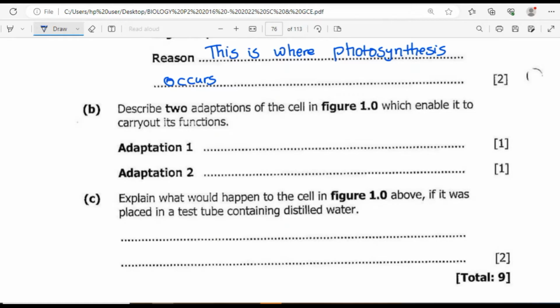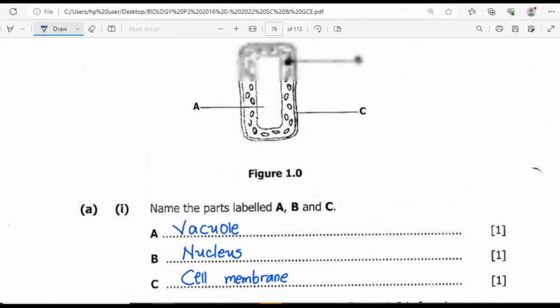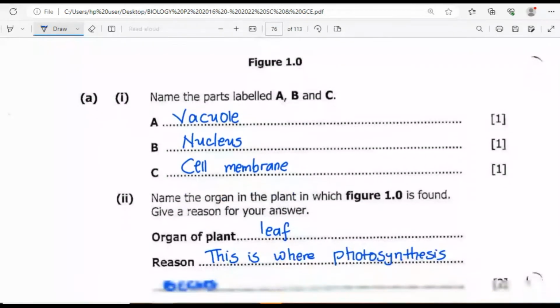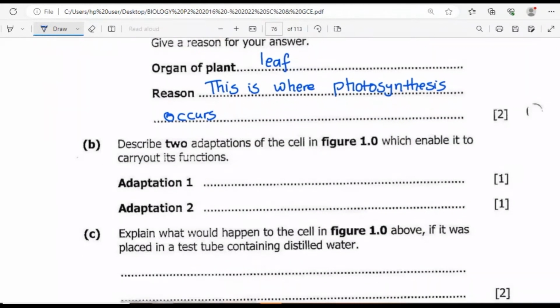Then we move on to question B. Describe two adaptations of the cell in figure 1.0 which enable it to carry out its function. So let's go back to our figure. So this cell, if you can see by its diagrammatical way, we can tell that we are dealing with a palisade, and the main function of the palisade is to carry out the process of photosynthesis.